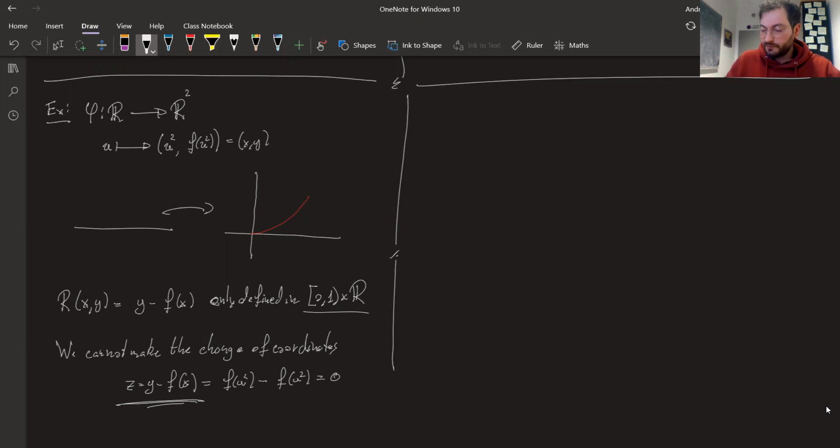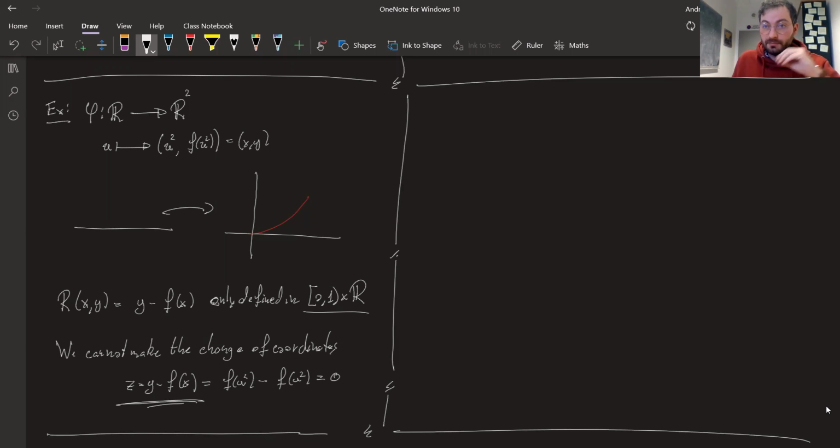So it's connected with the non-extension problem. And the phenomenon that we're looking at here is not going to get better by blowing up. Blowing up is going to be birational, but what do I mean by that? The fact that you cannot extend here, once you blow up, you're still going to have a half section that you cannot extend to.